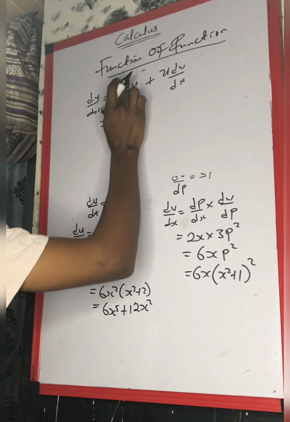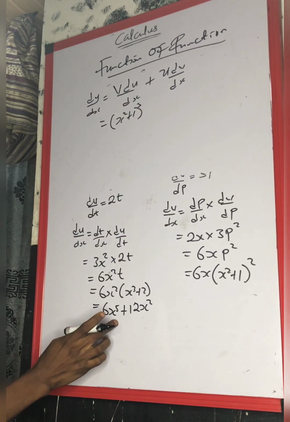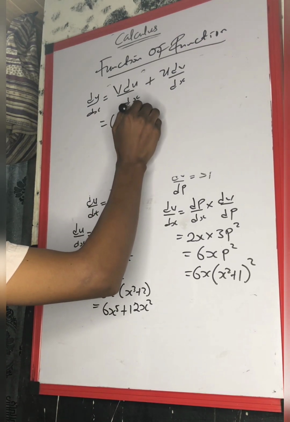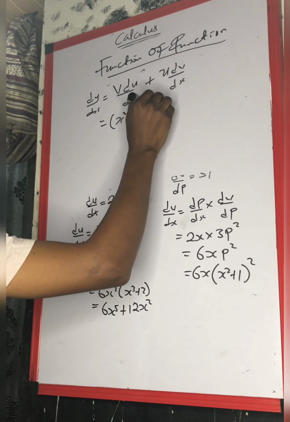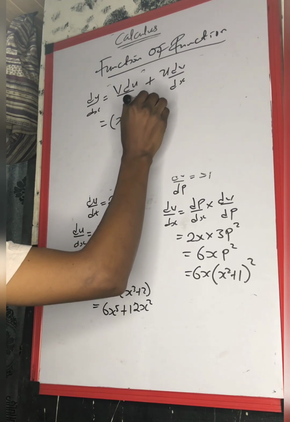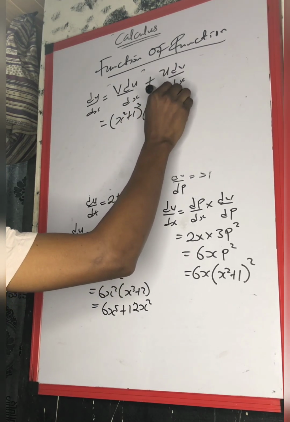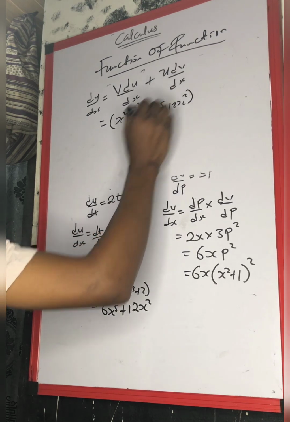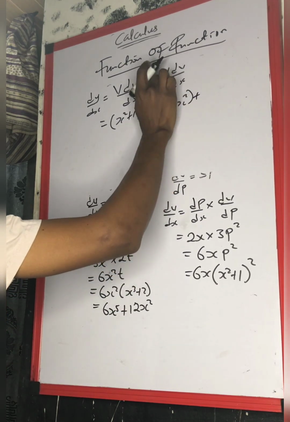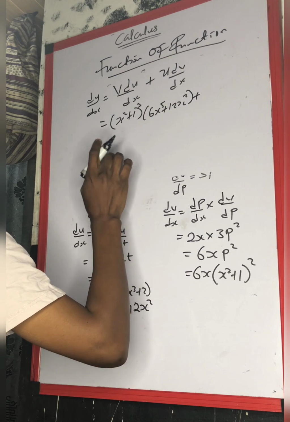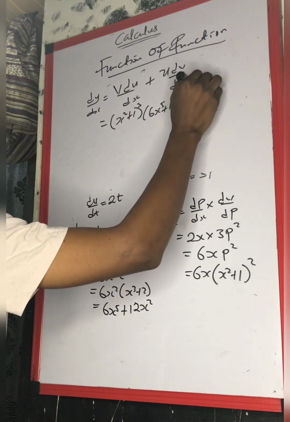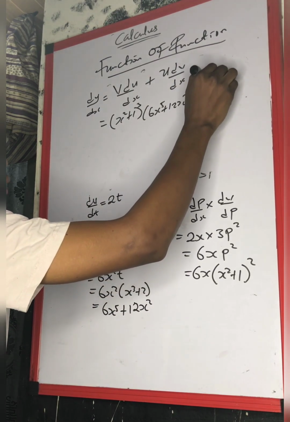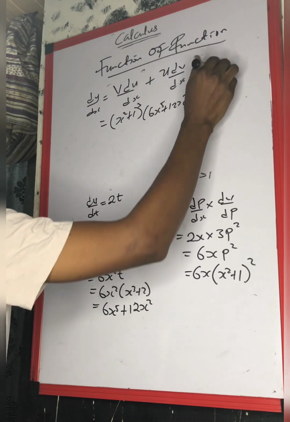Then our du/ds will give us 6s^5 plus 12s squared. Then plus our u, which is s cubed plus 2 raised to the power of 2.